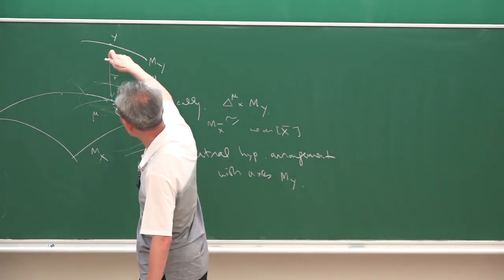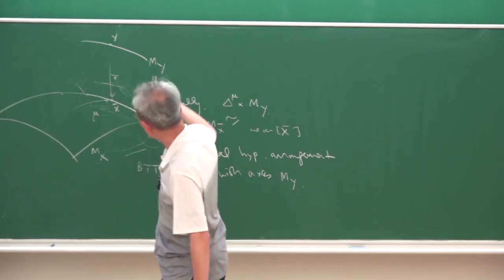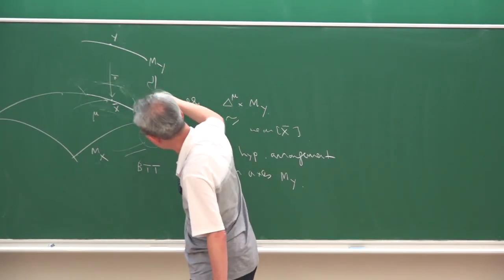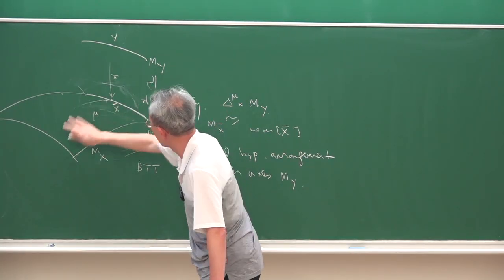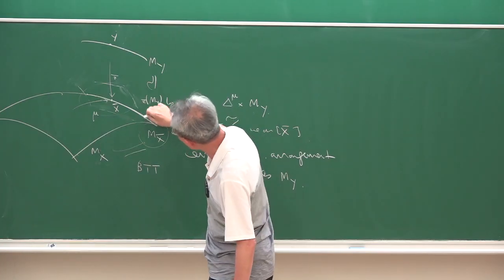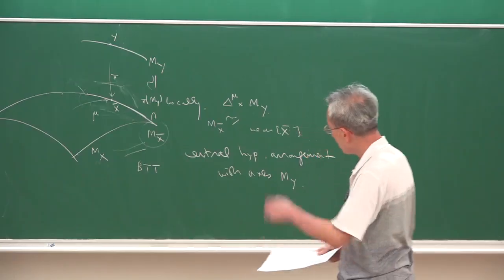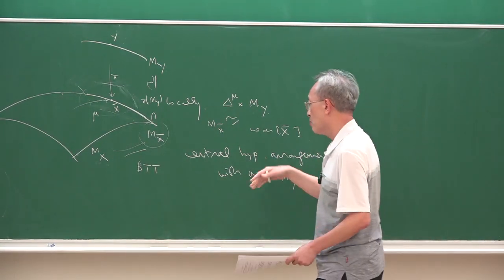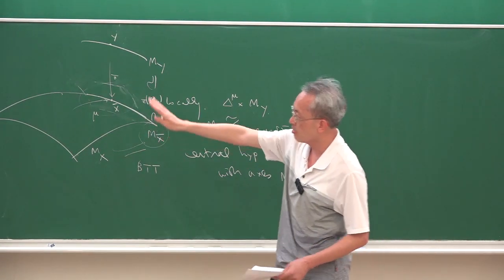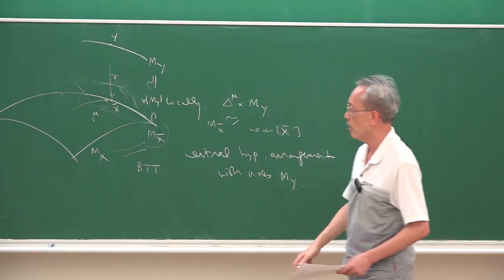So locally you get the whole embedding of your M_Y as a strata. This M S bar is everywhere, and this axis is M_Y. That's the picture.